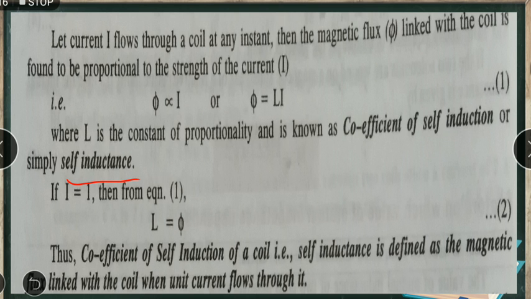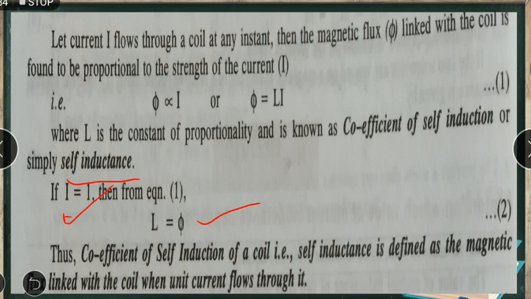Coefficient of self-induction or simply self-inductance. Next, we can say L equal to phi by I, that is self-inductance equal to the magnetic flux, only if I is equal to 1.